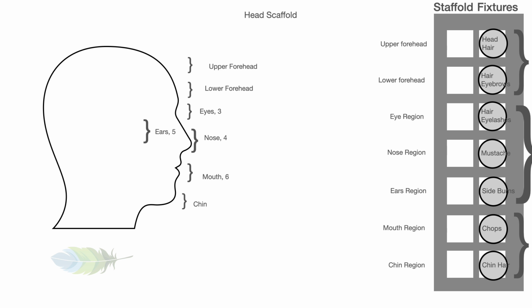All right, so for upper forehead, head hair, of course, and then for lower forehead, eyebrows, those really frame out the more so the next generalized region. But yeah. Then for the eye region, you've got eyelashes.